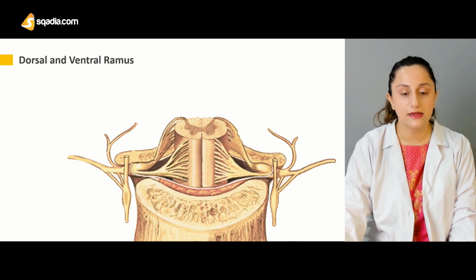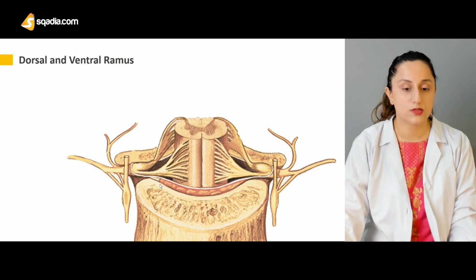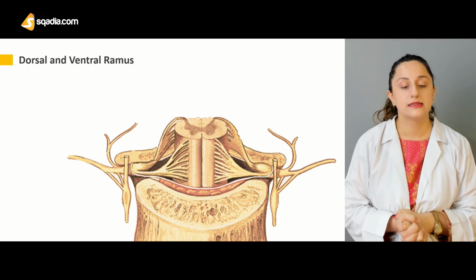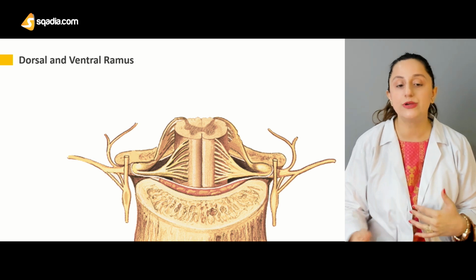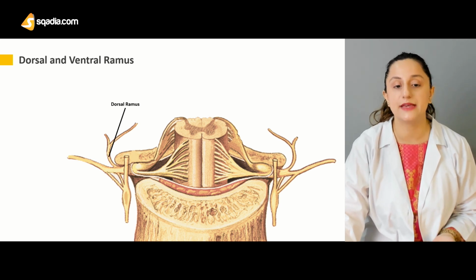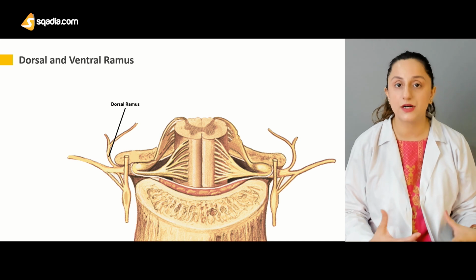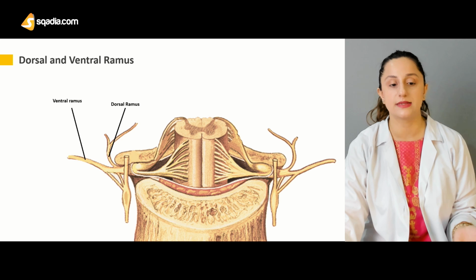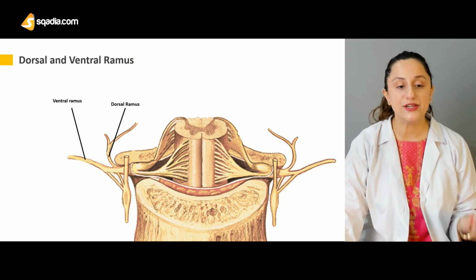Now, this is again to reinforce what we have learned. We learned that there is a ventral root and a dorsal root, which give rise to a spinal nerve. When the spinal nerve comes out, it gives rise to a dorsal ramus and a ventral ramus.